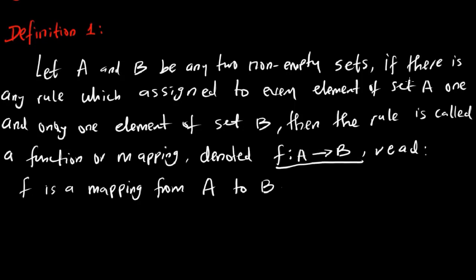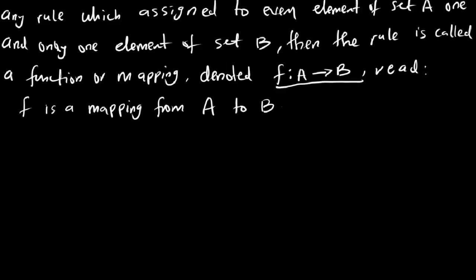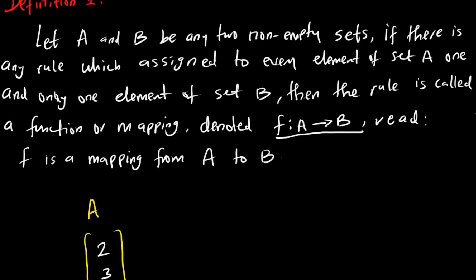Let's say, for example, we have a set A with the following elements: 2, 3, and 4. If you check the definition, it says let A and B be 2 non-empty sets. We know that our set A and set B are non-empty sets.